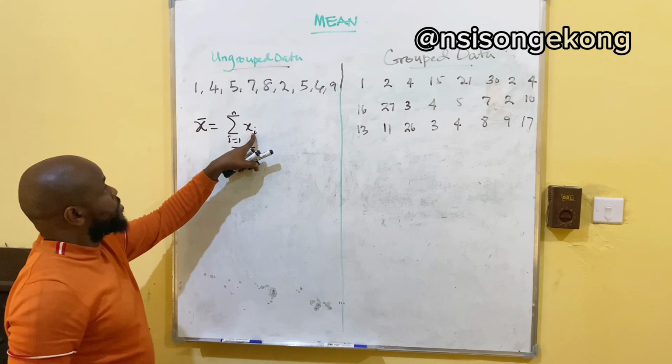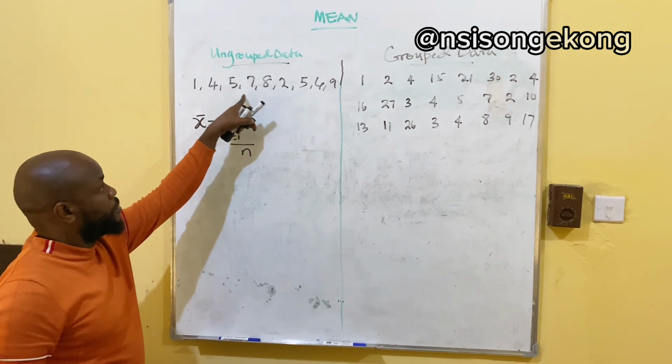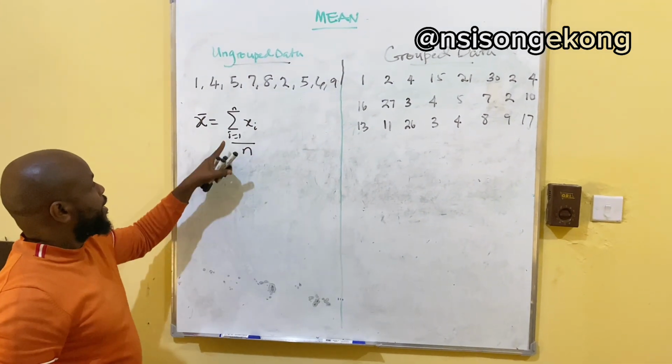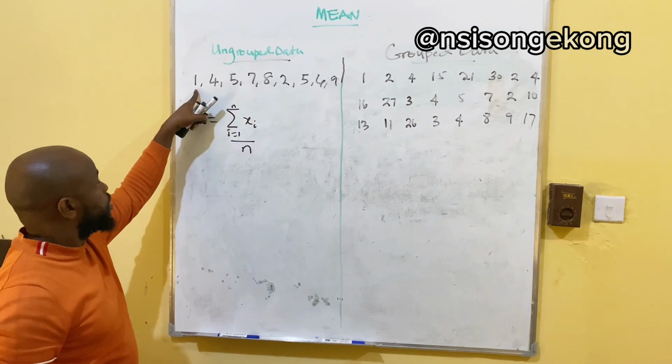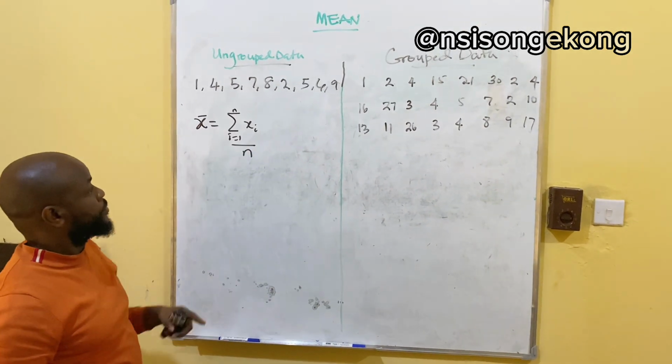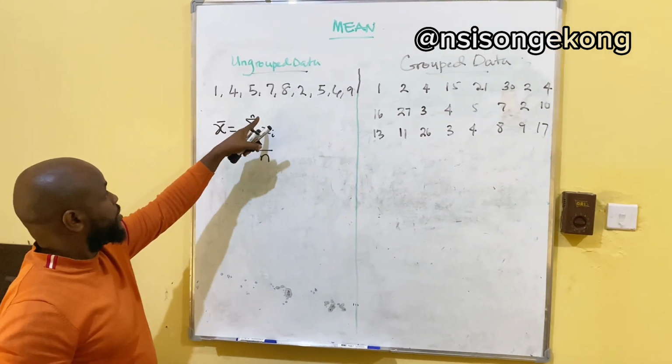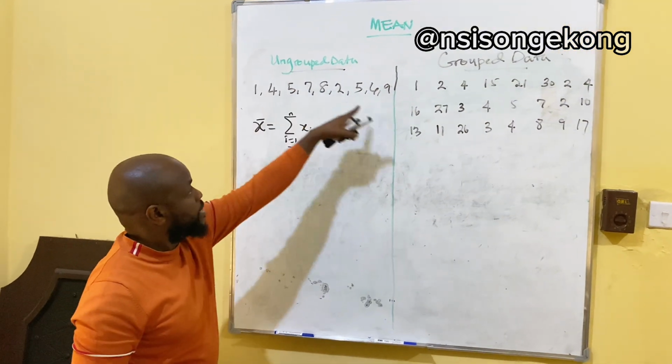The x here represents each of these numbers, and the i represents the positions at which these numbers are standing. N here stands for the number of data points in the data set.